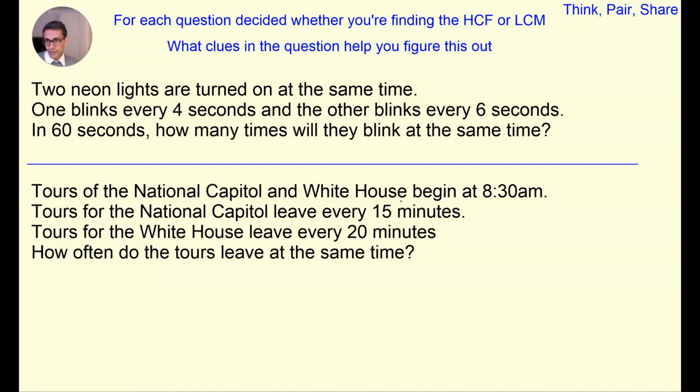Okay, last bit here. Decide whether these are HCF or LCM. Okay, so let's go through this. So if the lights are blinking every 4 seconds and every 6 seconds, then this is going to be the lowest common multiple.